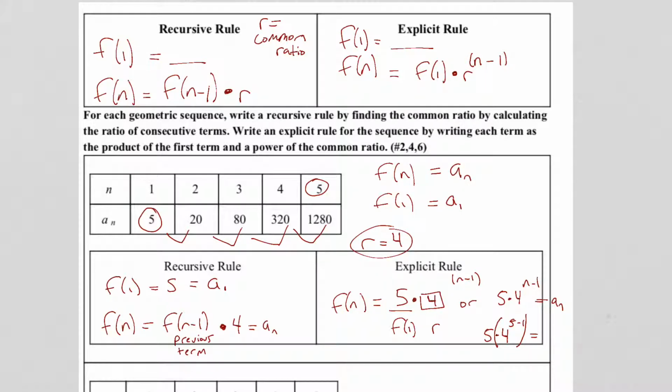So 4 to the 4th power is equal to 256. And it's to the 4th power because what's 5 minus 1? It's 4. So 4 to the 4th power, 256 times 5 is equal to 1,280, right? The same figure you got here. So using this explicit rule, of course, we could find any nth term.